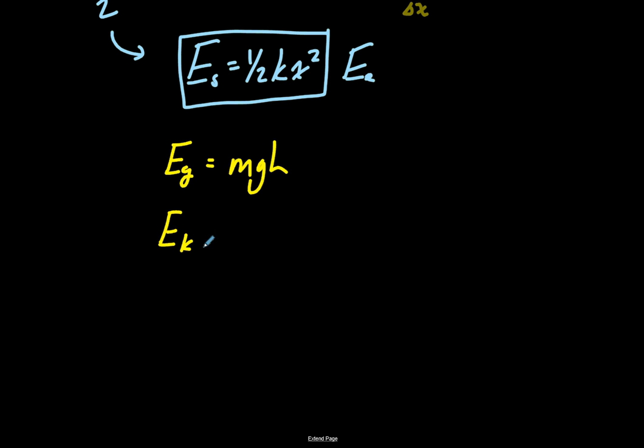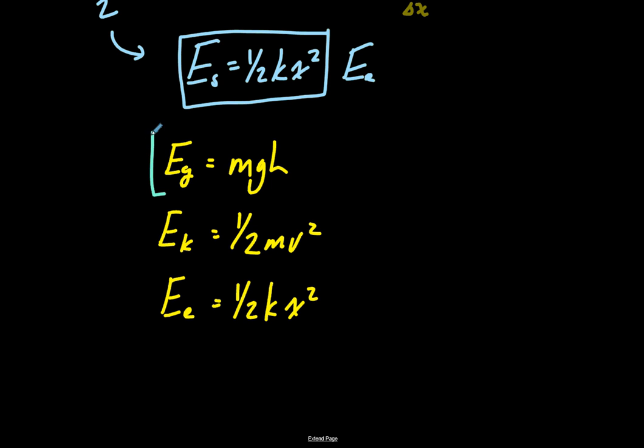If you're rolling a ball down a hill, that mgh might be converted from gravity to kinetic energy of a moving object. And then that could further be converted into elastic potential energy or spring potential energy as 1/2 kx squared. So these are the three reservoirs of mechanical potential energy that are fairly common.